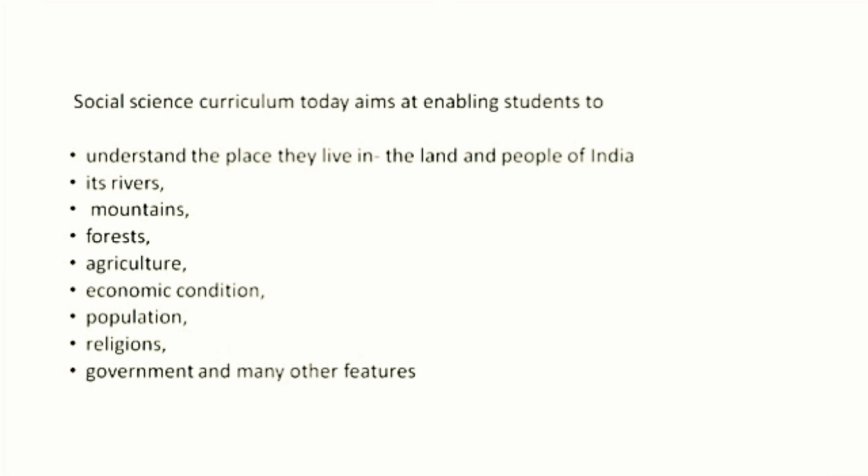The curriculum today aims at enabling our students to understand the place they live in, and the land and people of India. This is a very important objective of our social science curriculum: to make our children understand the place where they live, its characteristics, and the features and specialities of India.